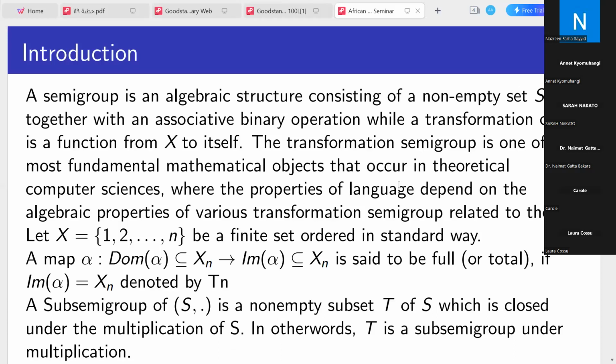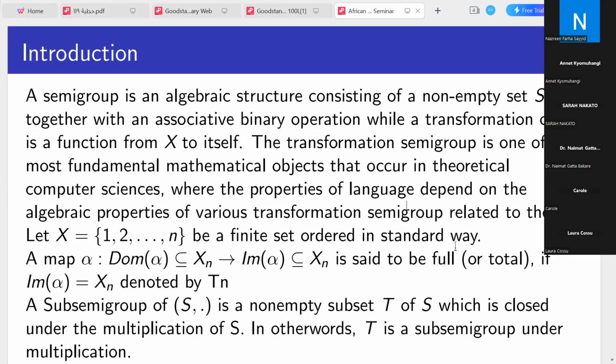Because of this, we have to define our transformation on a finite set. So that is what brought my definition of a finite set. Let S_n be the set of finite sets in the standard way. Then we want to define our map, the transformations.